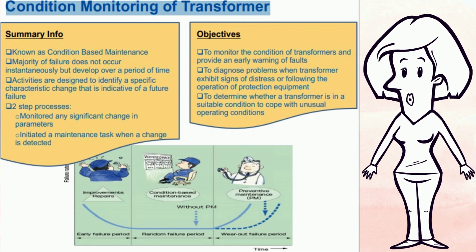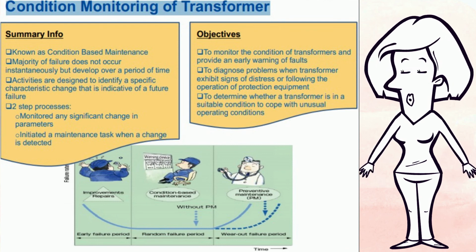Number 2, to diagnose problems when the transformer exhibits signs of distress or following the operation of protection equipment. And number 3, to determine whether a transformer is in a suitable condition to cope with unusual operating conditions.